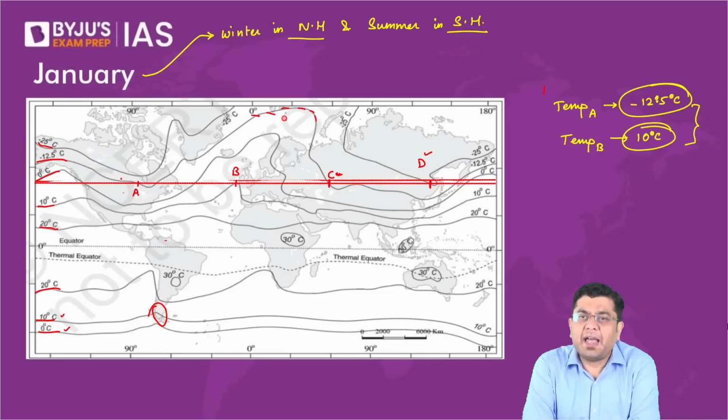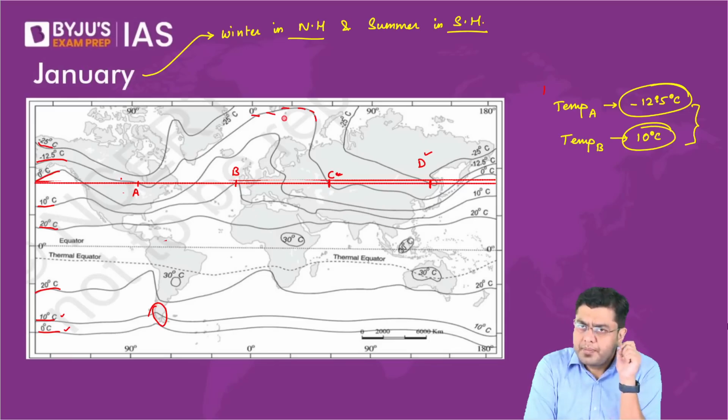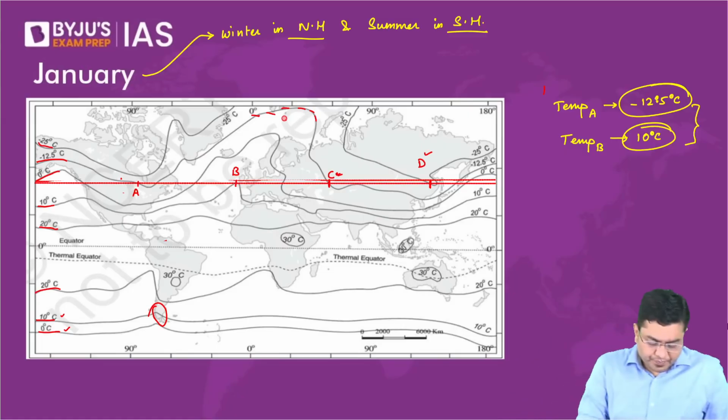But can we have a certain set of conclusions from here? First conclusion that we can have is that in the southern hemisphere, the isotherms are almost parallel to the latitudes. We can have that conclusion, right?